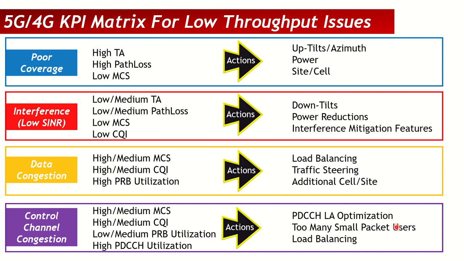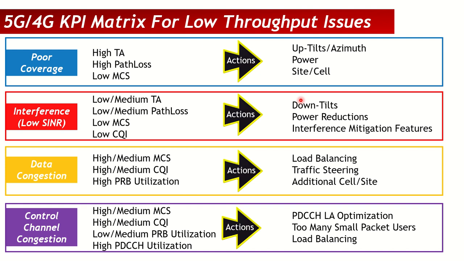Now, this is just to show you an overall step-by-step view of how, for each kind of scenario, you can identify using counters and KPIs, and then what you can do to resolve the issue. Now, there's one more problem that happens with throughputs. That is, let's say you have an issue coming from the backhaul.